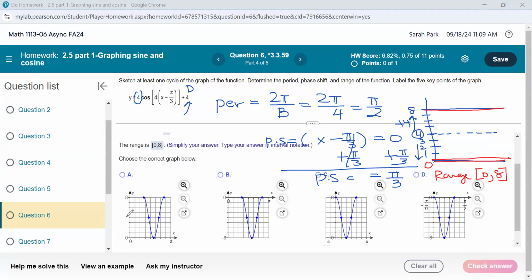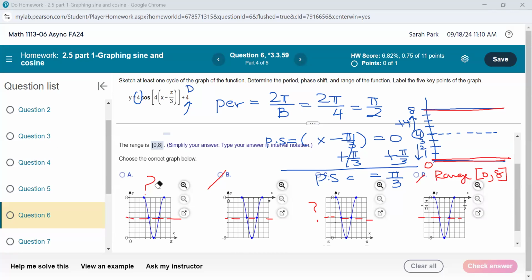So this graph does have a midline of 4, so it might be A. B has a midline at -4, so I can eliminate B. Graph C has a midline at +4, so maybe it's this. D has a midline of -4, so I can eliminate graphs B and D. So it's between A and C.